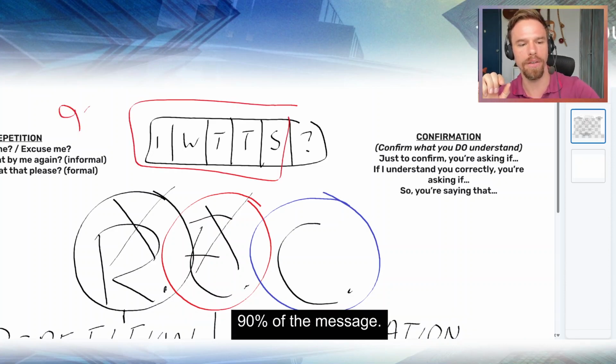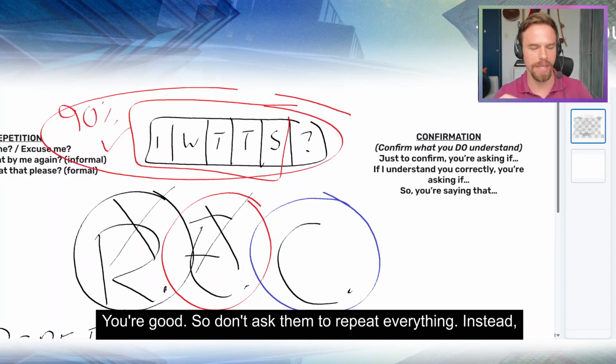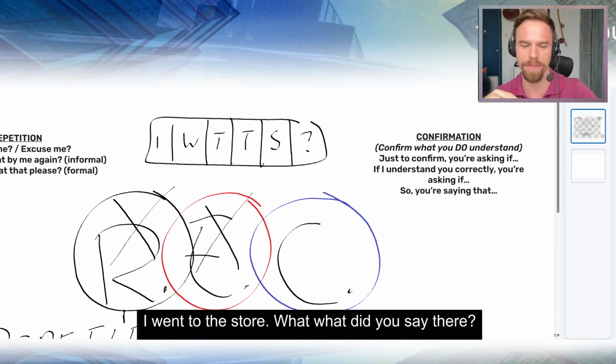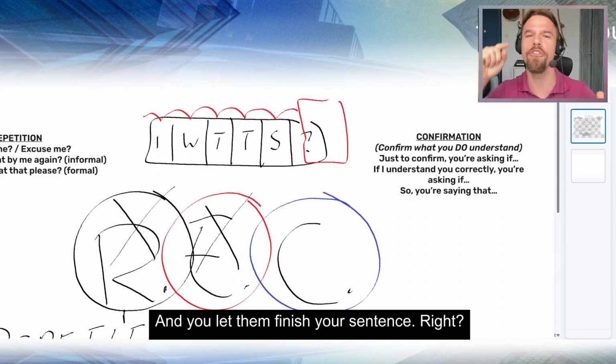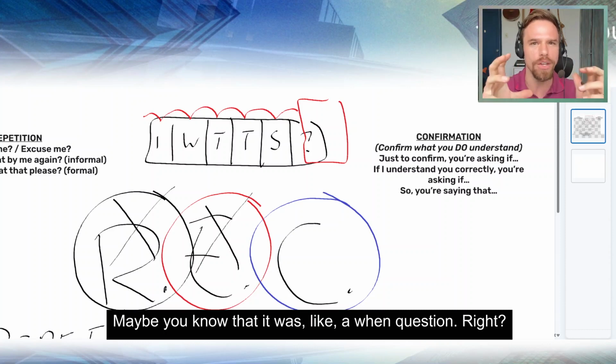90% of the message. You're good. So don't ask them to repeat everything. Instead, you will repeat the sentence. I went to the store. What did you say there? And you let them finish your sentence, right? Maybe you know that it was like a when question, right?